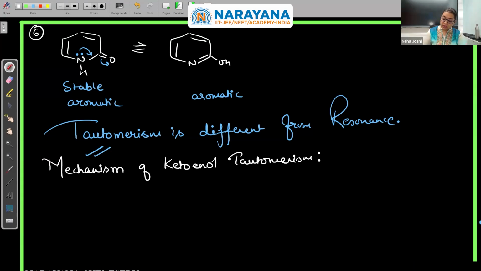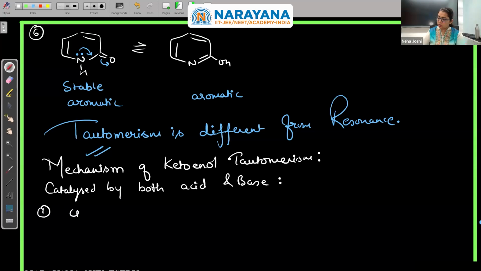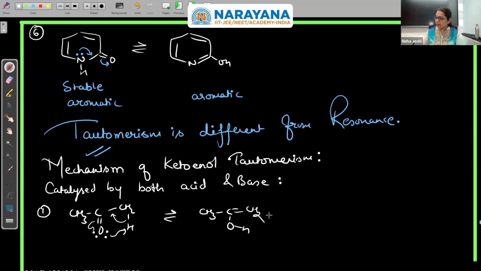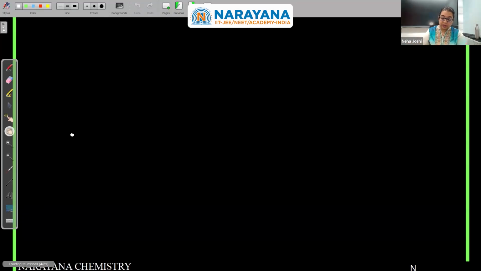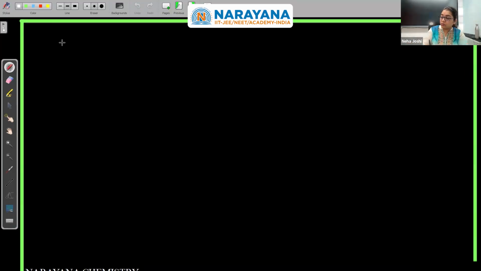Mechanism of keto-enol, it is catalyzed by both acid and base. So does it take place in neutral medium also? Yes, ideally it can, but it is an extremely slow procedure as these polar bonds will shift gradually. There is a possibility, but a slow process, slow interconversion, very slow. And here you can isolate them as it is a very slow interconversion.